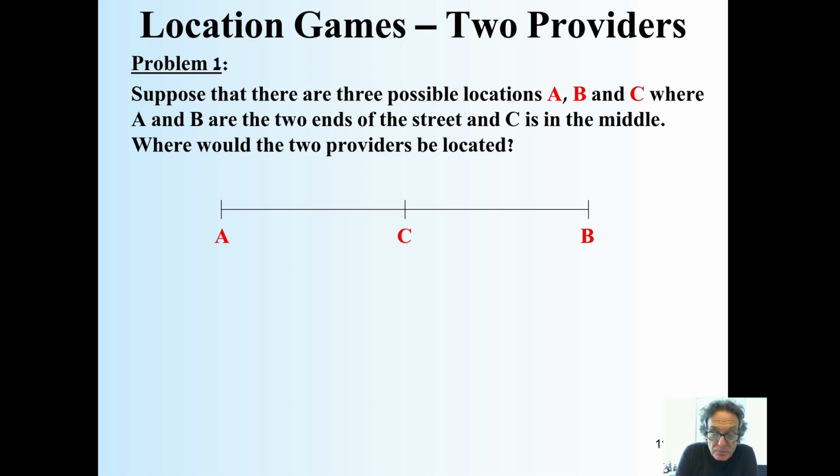For instance, both of them can be on A, both on B, both on C, or one at A and the other at B, one at A and the other at C, etc. Maybe I will not surprise you, but the two of them are going to be located at C in the middle, both of them. So I put X for their location. Why? Okay, let's try to understand.